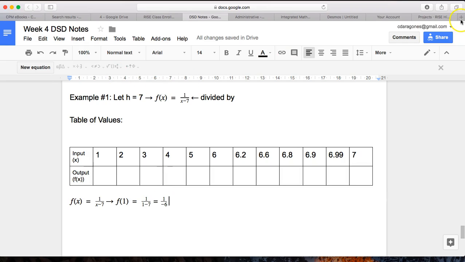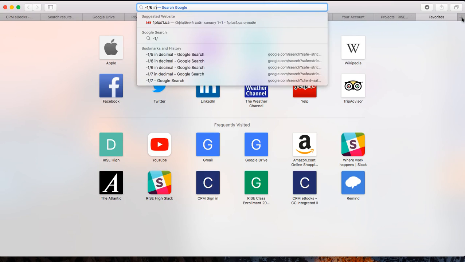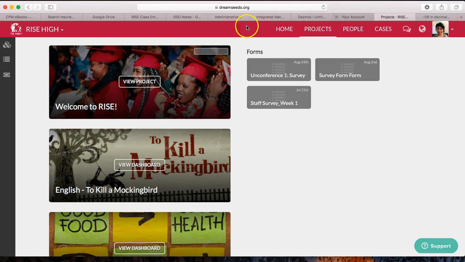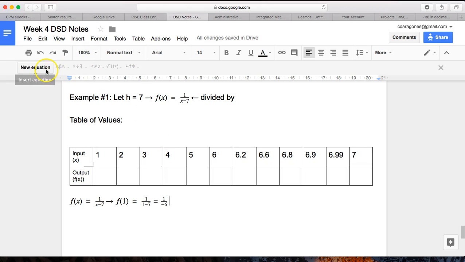If I put this in my calculator, it is approximately negative 0.17, I'm rounding, right?